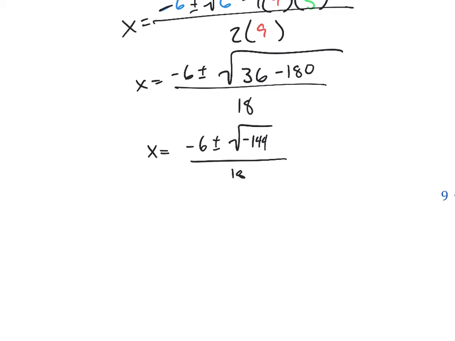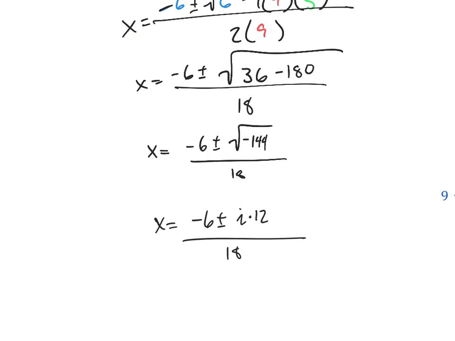And then, okay, well, 144 is 12 times 12. And so we can rewrite this as x equals negative 6 plus or minus i times 12 over 18.